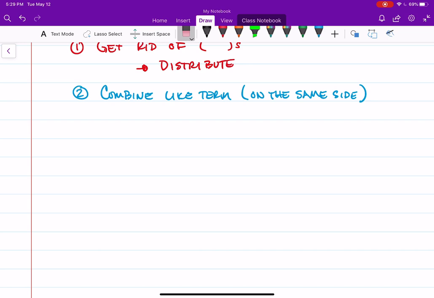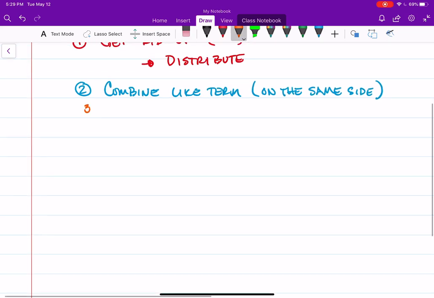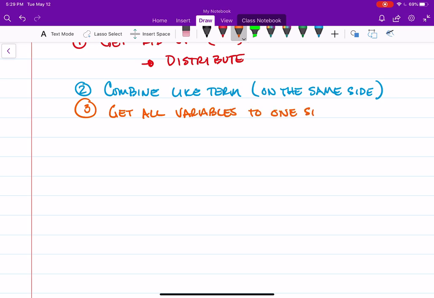Step 3: get all of the variables to one side, typically the left side, and get all just the numbers, not variables, numbers, to the other side, okay?